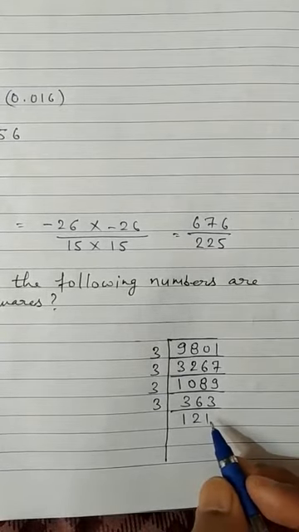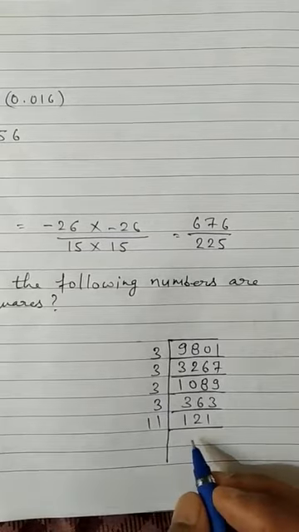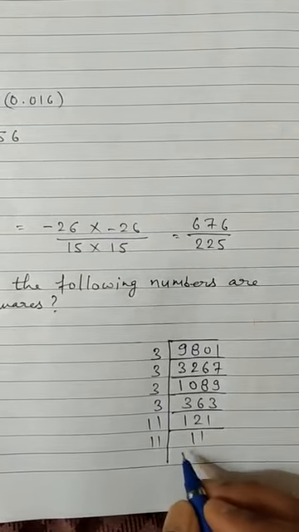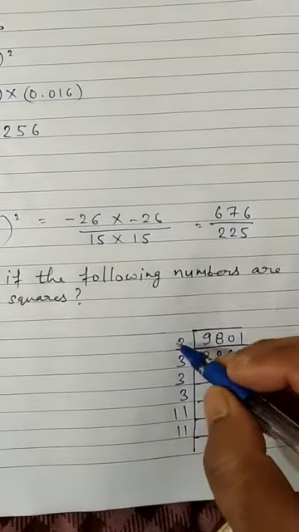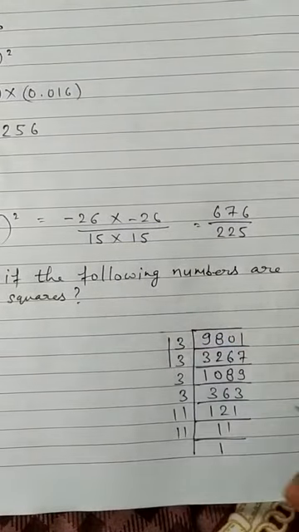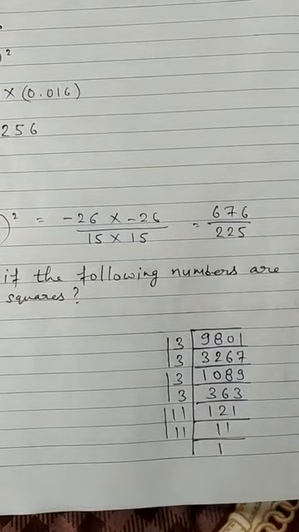Now 121 is the square of 11. So we will divide it by 11. 11 elevens are 121 and 11 ones are 11. So making pairs, the pair of 3 is complete, the pair of 3 is complete, and the pair of 11 is also complete.